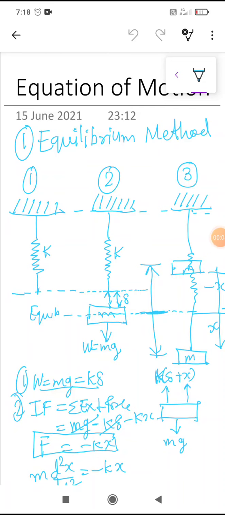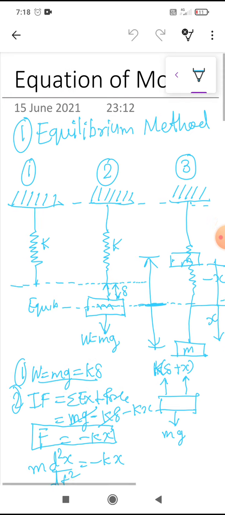So in the last lecture we have seen three methods to find the natural frequency of any system. The first method which we saw was the equilibrium method, in which we used a free body diagram to find the equation of motion, and after comparing it with simple harmonic motion, we got the value of natural frequency.